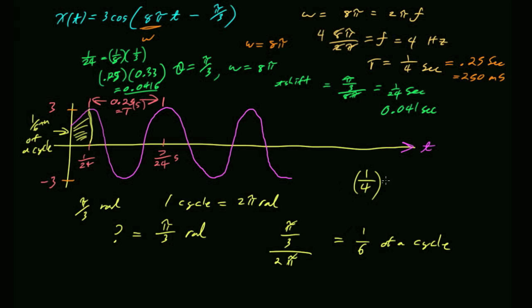Is that how many seconds we shifted it to the right? It is. Okay. So it all works out, because it has to work out, because there's only one right answer. We shifted it to the right by 1/6 of a cycle. Questions? No? All right. Well, this is fun.